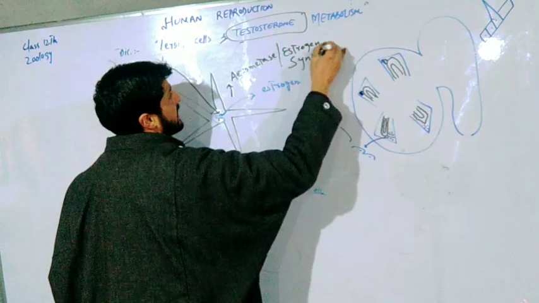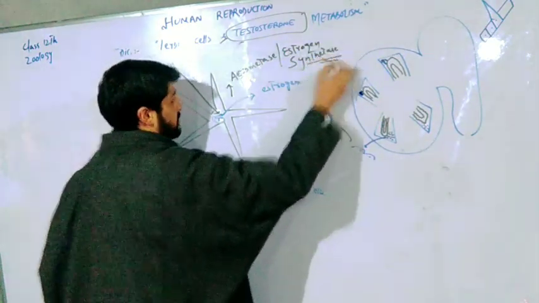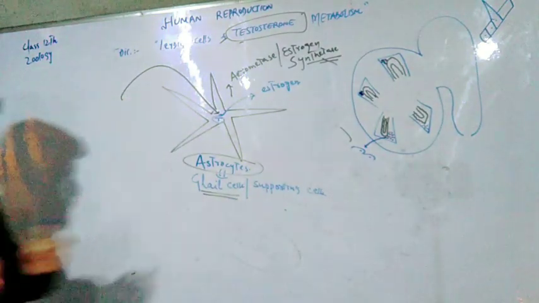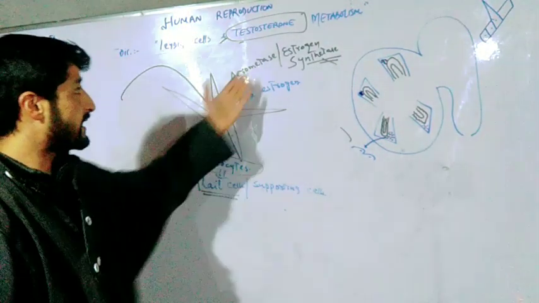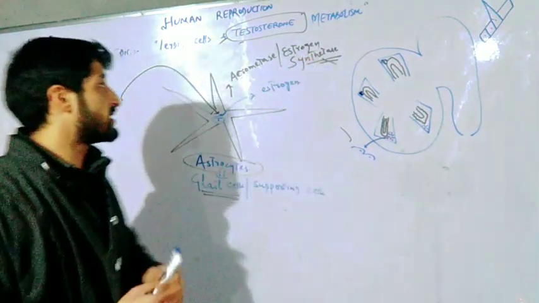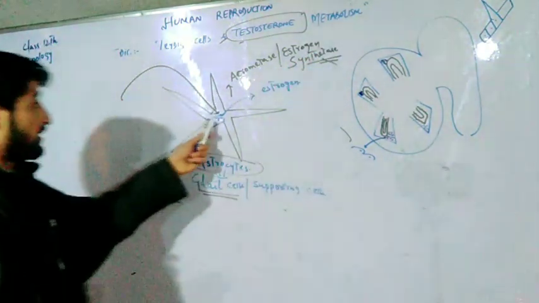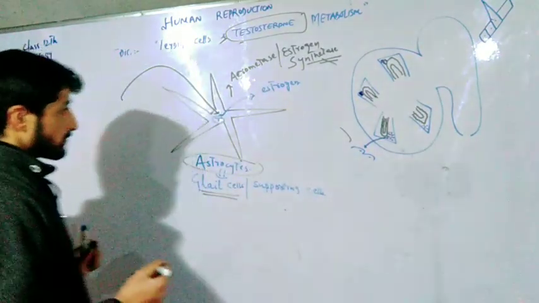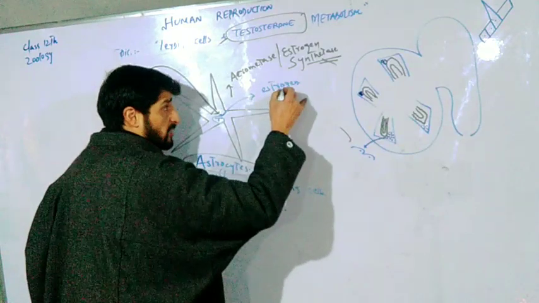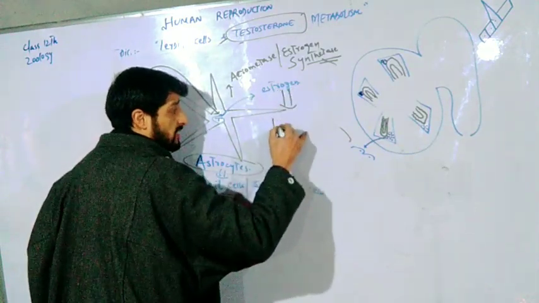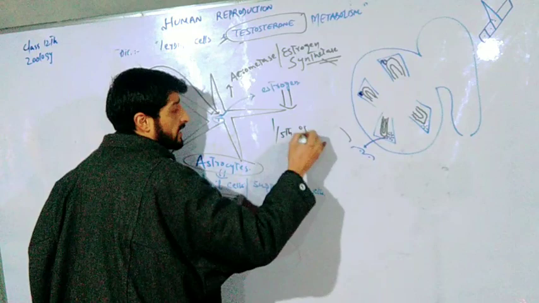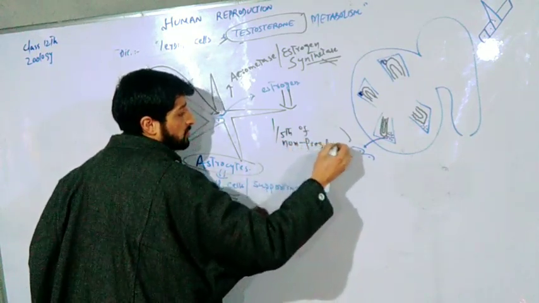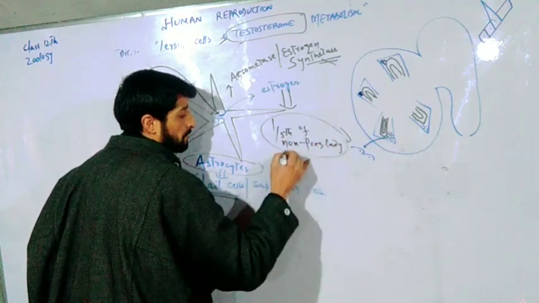Estrogen synthetase is the enzyme present in the astrocytes or in the glial cells of our nervous system, or the supporting cells of our nervous system, that contain aromatase enzyme or estrogen synthetase enzyme, which converts the testosterone into estrogen. In case of males, estrogen is also present. Actually, estrogen is equal to 1/5 of a non-pregnant lady. Estrogen is present in males.